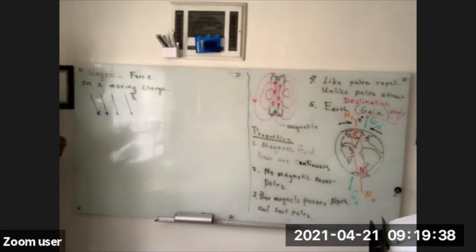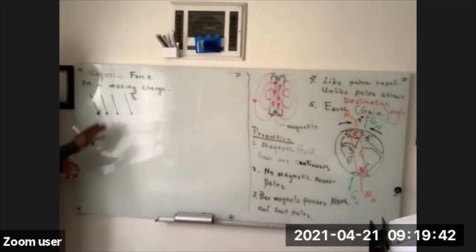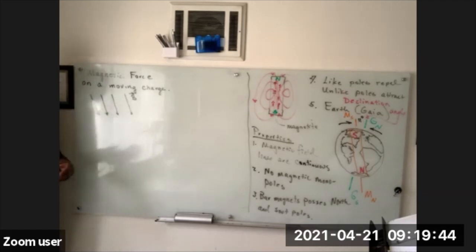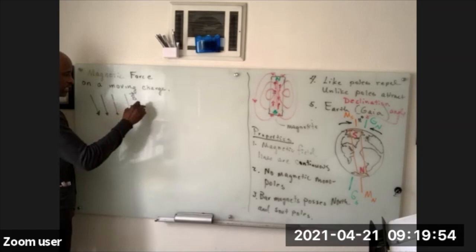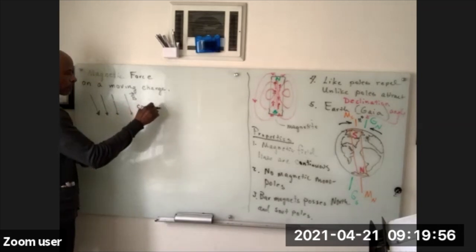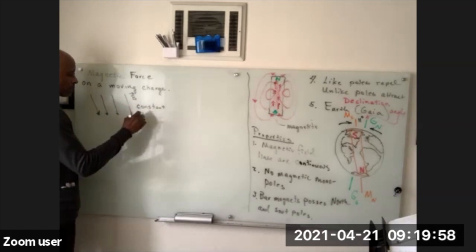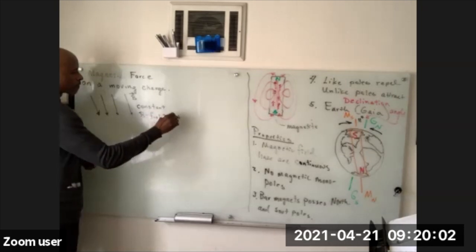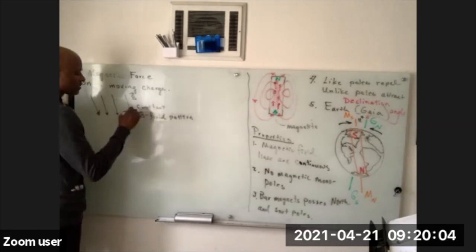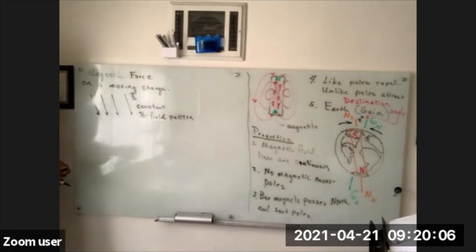So that's what I'm trying to get you to visualize: theoretically, in some place, we can consider that the magnetic field is constant and not changing. Okay. So that's what this is supposed to represent, a constant magnetic field pattern. They can exist, at least theoretically or approximately. Okay.